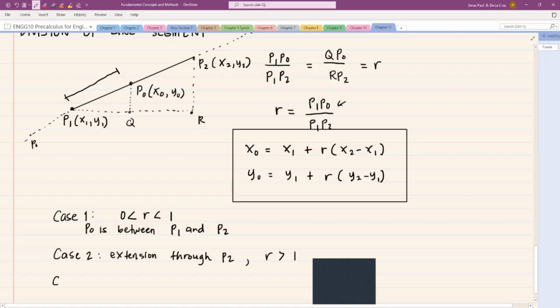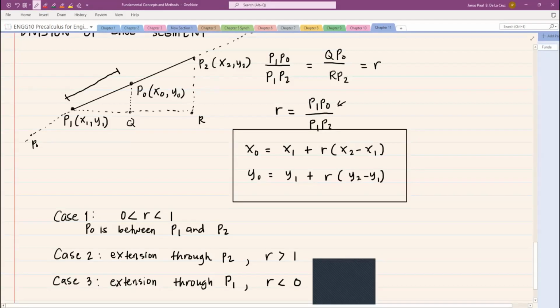Okay? And for case 3, in the case where nandito si PO, extension through P1, yung R natin should be less than 0. Negative yung ating R. Di ba? Kasi dito, we are talking about directed line, siyempre.